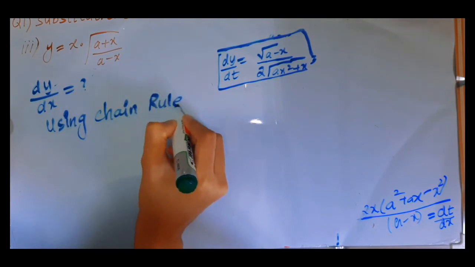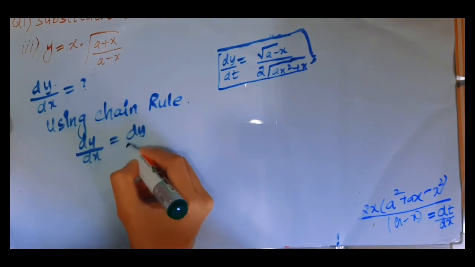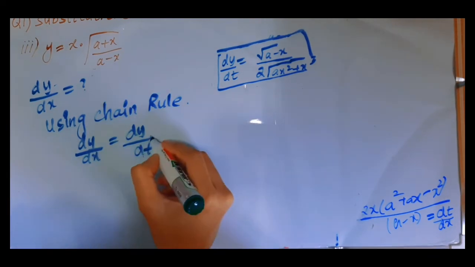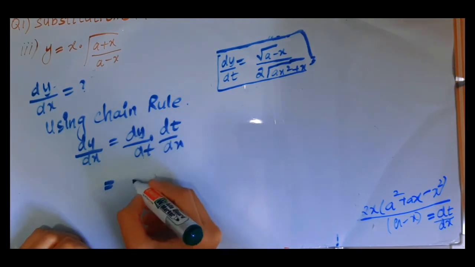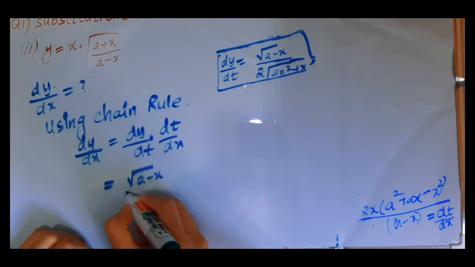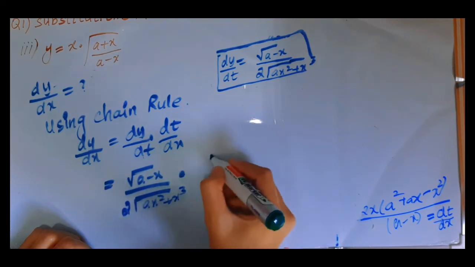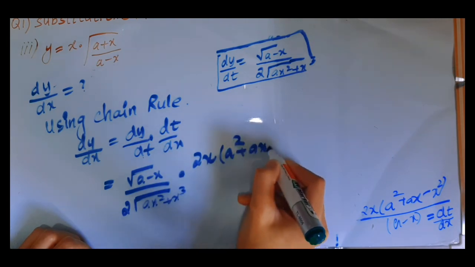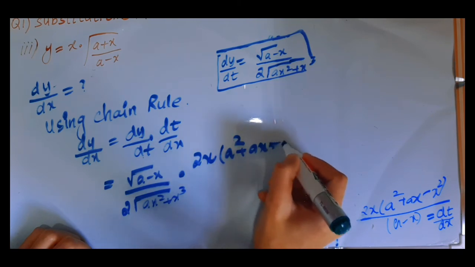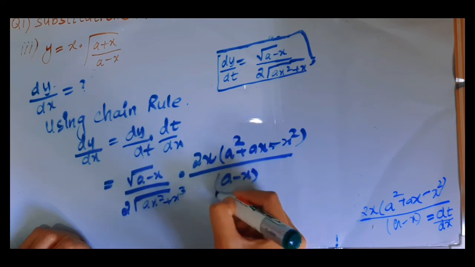The rule is dy over dx is equal to dy over dt times dt over dx. Now just putting the values, under root a minus x over 2 under root ax square plus x cube, into putting this value 2x into a square plus ax minus x square, divided by a minus x whole square.